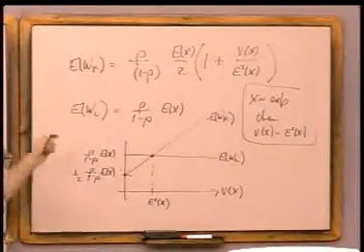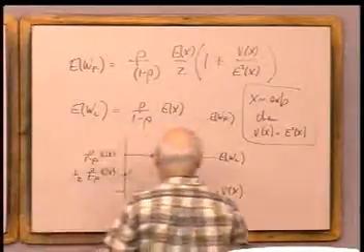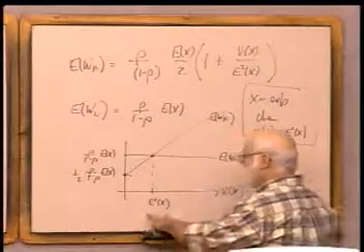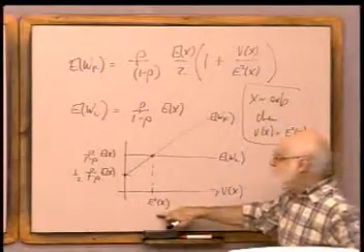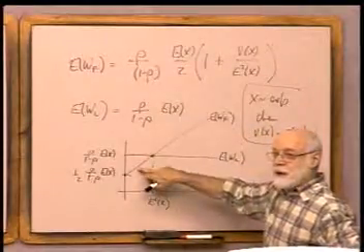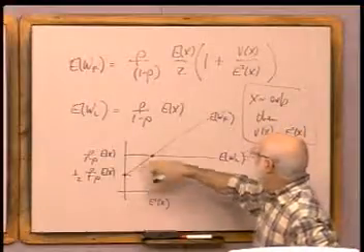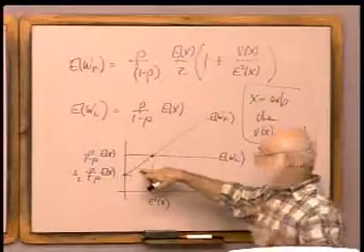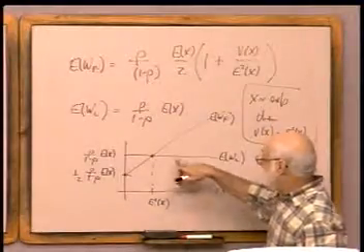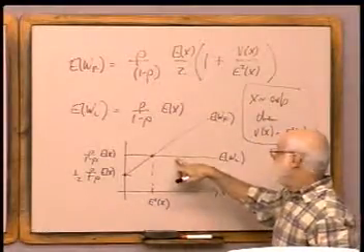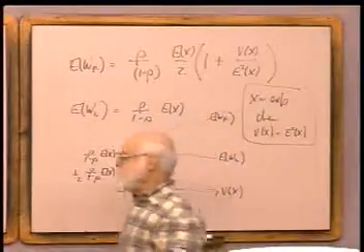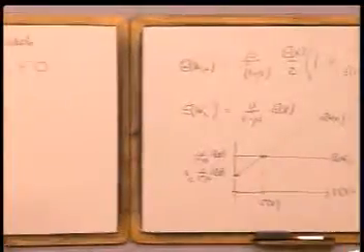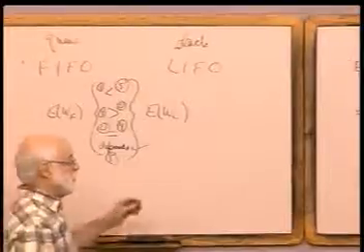So what does this tell you? It tells you that if the service times are less variable than exponential service times, then this curve gives you a lower average waiting time, which is FIFO. But if the service times are more variable than the exponential case, then this curve gives you the lower, and that's LIFO. So the answer is, it depends, and it depends on the variance of the service times.